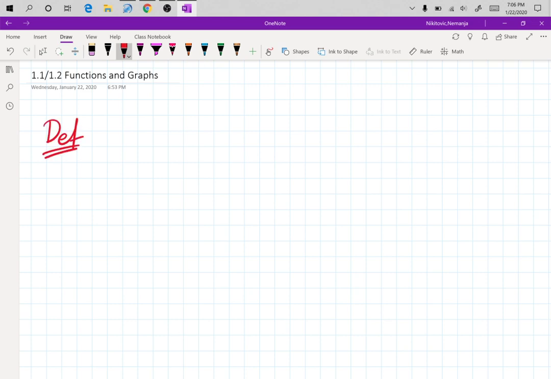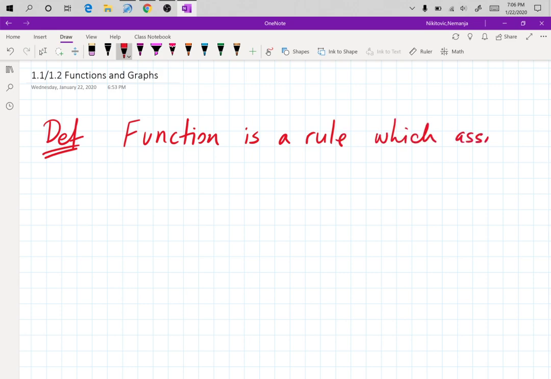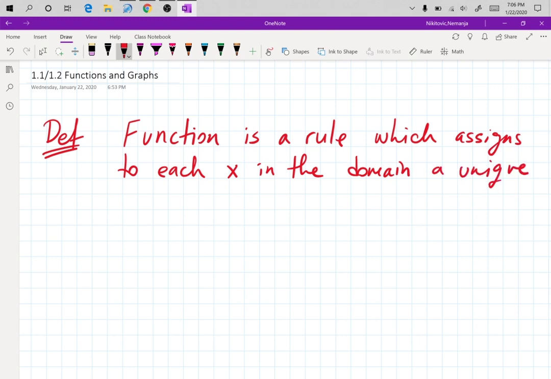Definition of a function. Function is a rule which assigns to each x in the domain a unique y in the range.